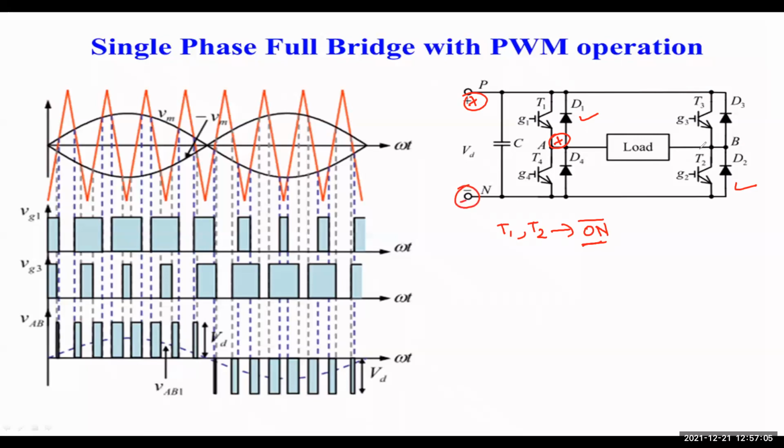So VA minus VB: the voltage across this pole is VA, and this is minus VB, so that means plus and minus. Like this, we will get the voltage across the load, V naught, equal to VD. So the voltage across the load can be generated by turning on two devices. This is called unipolar operation.